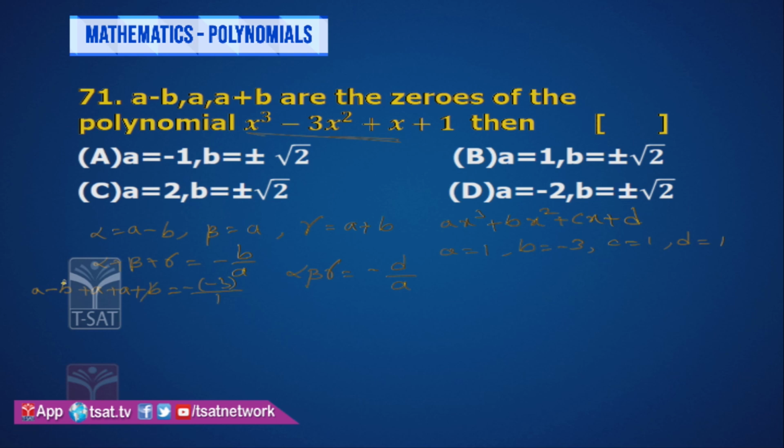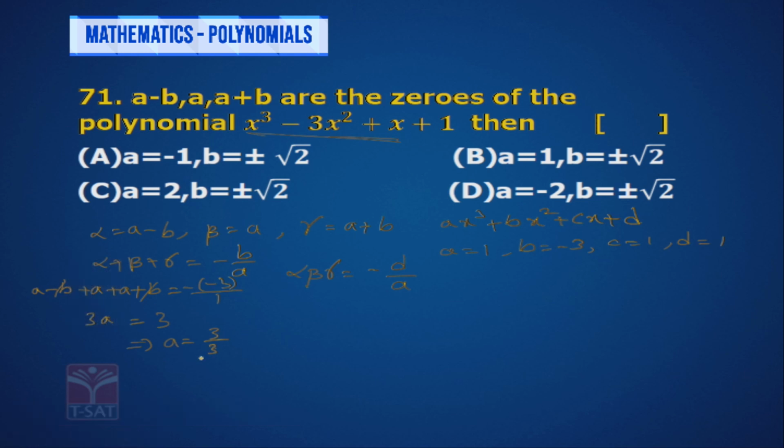Plus b and minus b get cancelled. 3a equals minus into minus, plus 3, you will get. 3a equals 3, that means a equals 3 by 3. When the 3 multiplying a comes to the right side, it divides. So, 3 ones, 3 ones, a equals 1. A is 1.